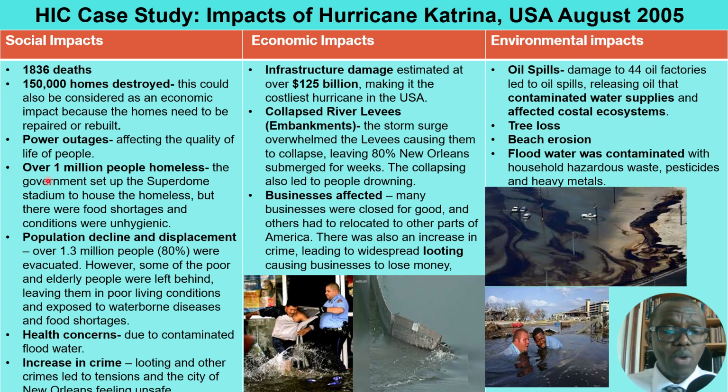Okay. Then the next one is that over 1 million people were homeless. The government set up the Superdome Stadium to house the homeless, but there were food shortages and conditions were unhygienic. If you were discussing the case study, you'd be saying that yes, these people were housed, but one counter argument in terms of a negative of that accommodation is that the basic necessities were not very well provided.